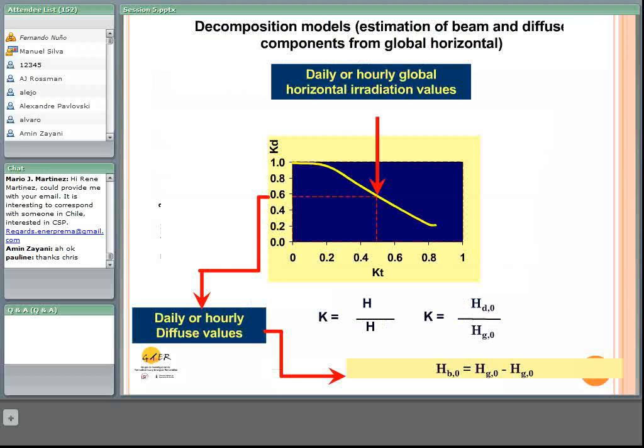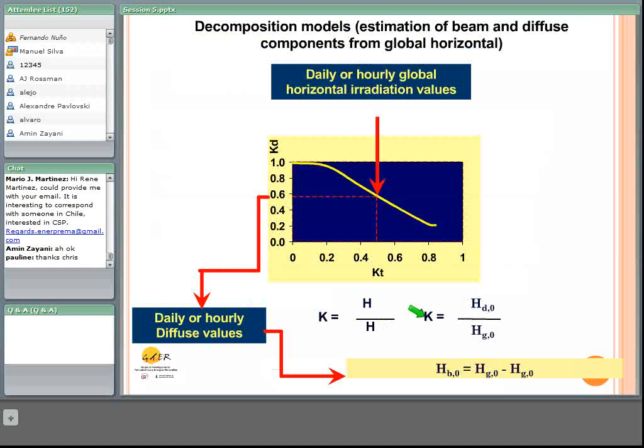Perhaps the most widely used models are these decomposition models, which permit to estimate the beam and diffuse components from global horizontal radiation. We can start from daily or hourly global horizontal irradiation values and then apply these decomposition models, which relate the diffuse component, in this case defined through this diffuse index.